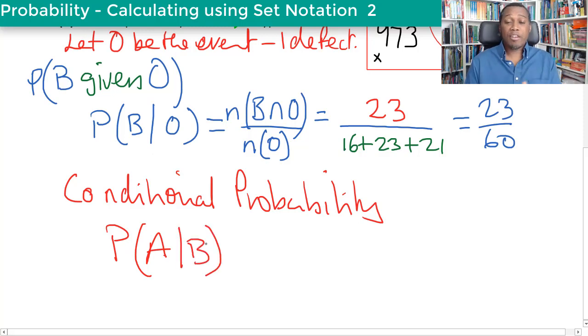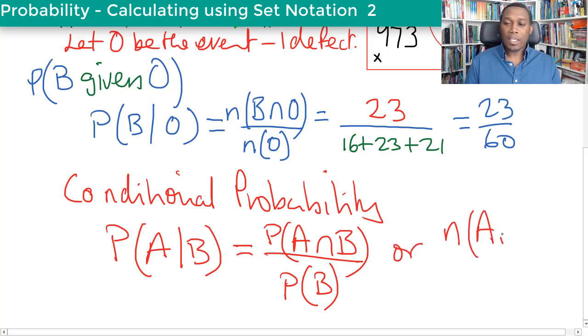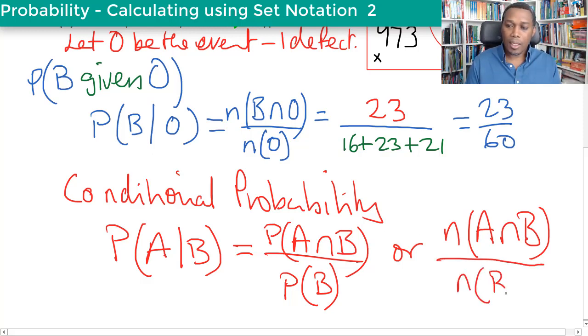The probability of A given B is equal to, there's two versions we can do, but we're going to stick in probability notation now, the probability of A intersection B divided by the probability of B. Or the number of elements in A intersection B, which is the model we just worked with, divided by the number of elements in B.